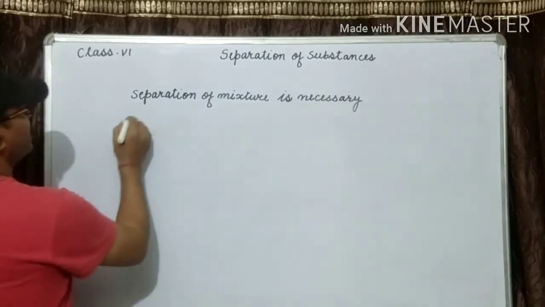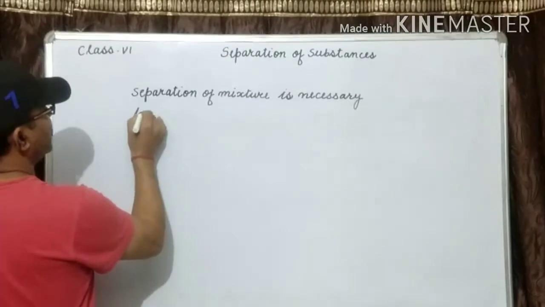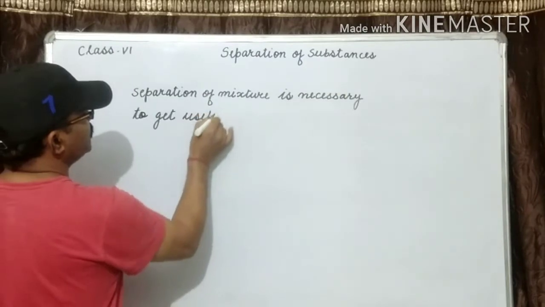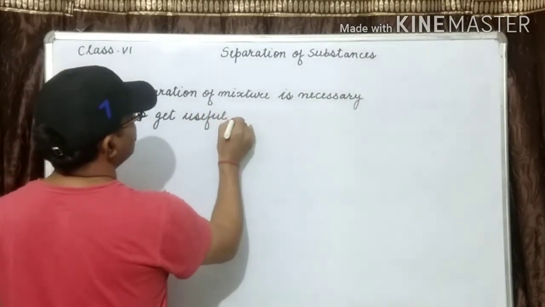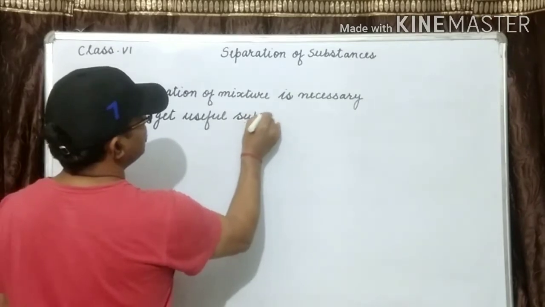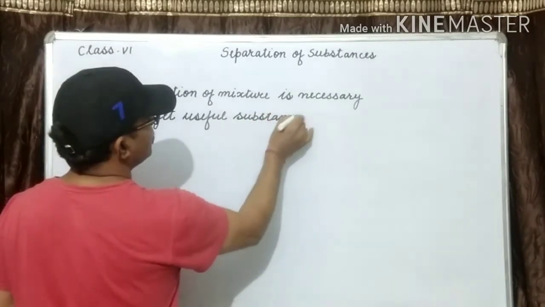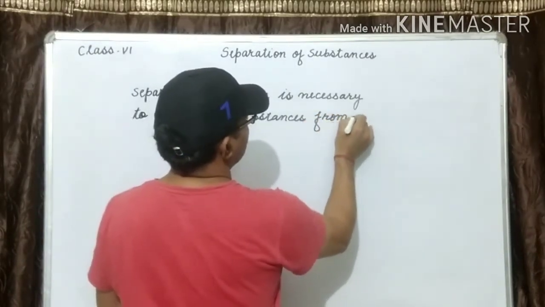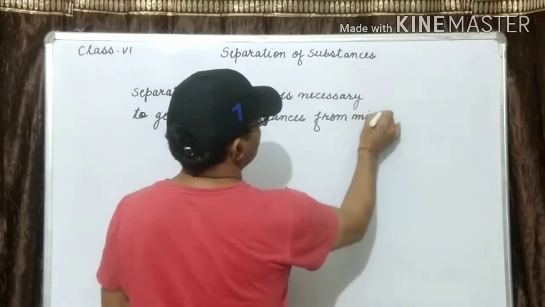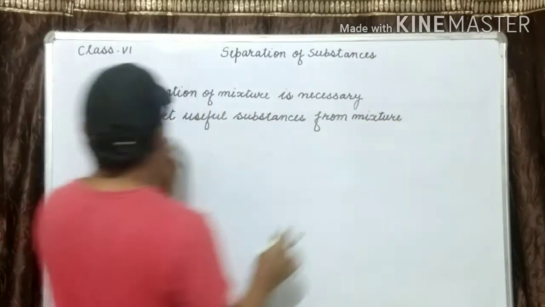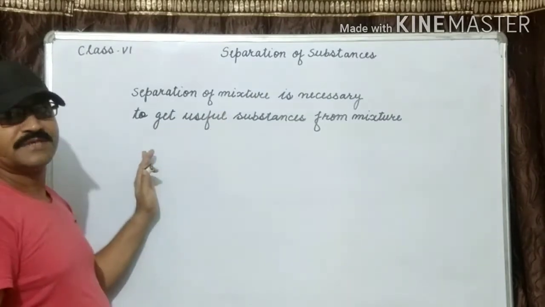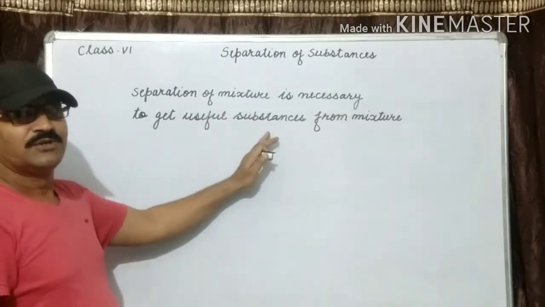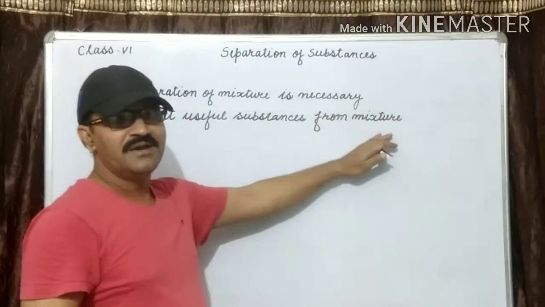Number one, to get useful substances from the mixture. It is necessary to obtain useful substances from the mixture.